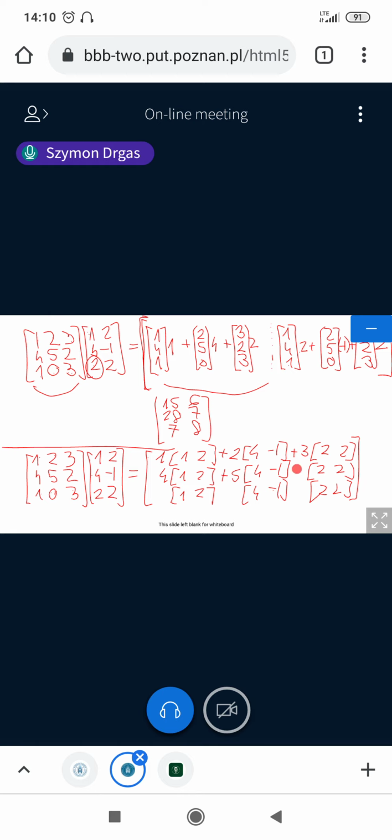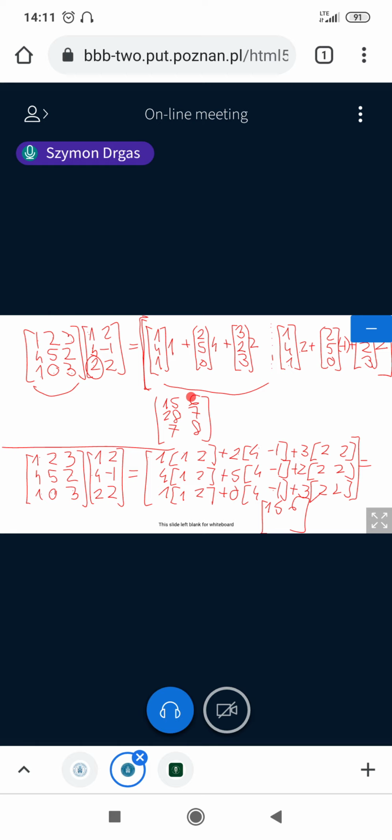Four, 5, 2, and then we have 1 plus 0 plus 3. And then you can make all these calculations. So the first entry will be 1 plus 8 plus, so 9 plus 6 is 15. Then we have 1 times 2, which is 2, minus 2 plus 6. So the first row is okay.